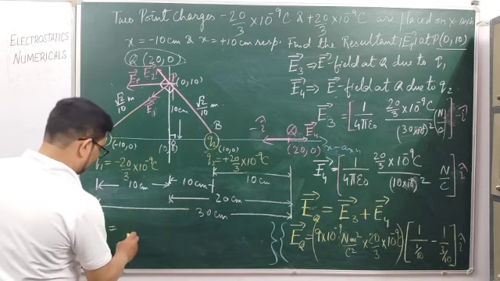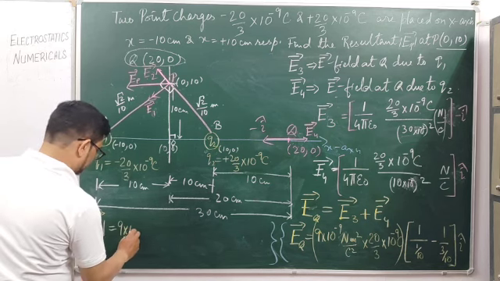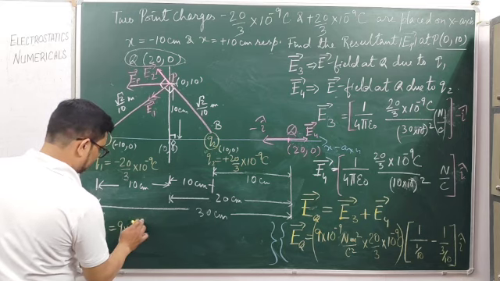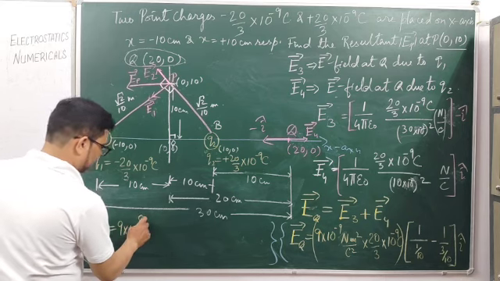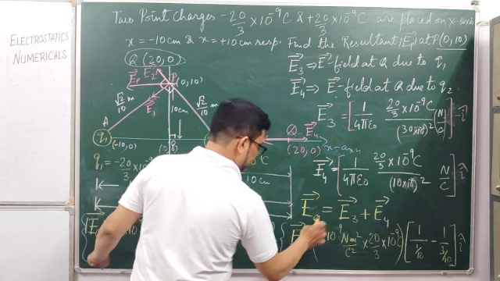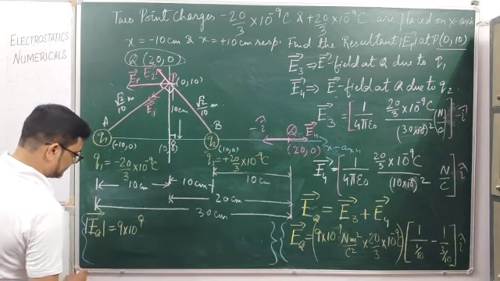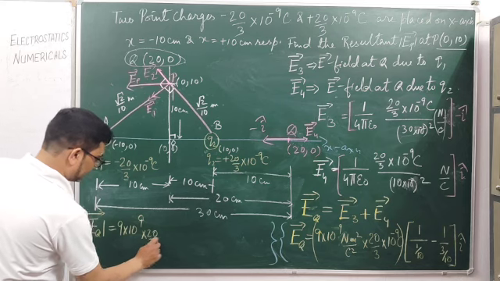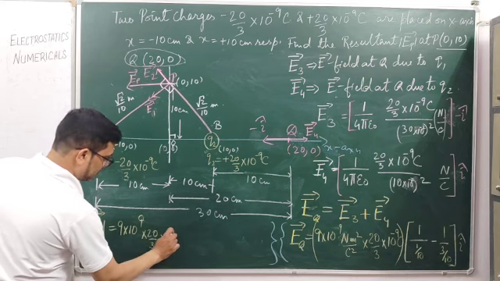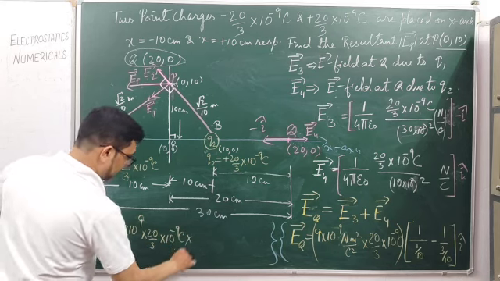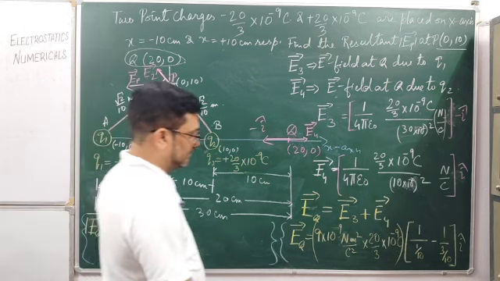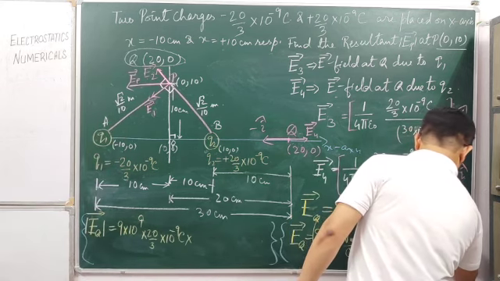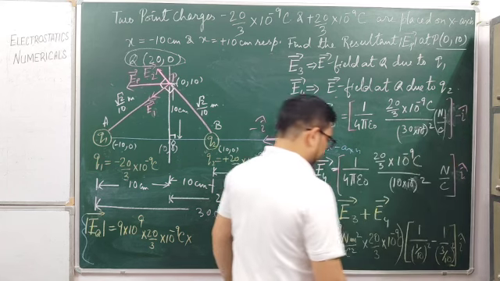It comes out to be 9 times 10 raised to the power 9 times 20 by 3 times 10 raised to the power minus 9 Coulomb into, and this comes out to be squared, right? In this equation it is squared, that is common.